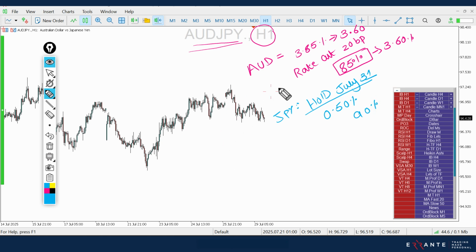If you look at this section, you can understand that this JPY is in a hold scenario and a hawkish stance. Whereas if you look at the AUD, it's going for a rate cut, and when a rate cut starts, it means a downward momentum for the currency we're talking about.